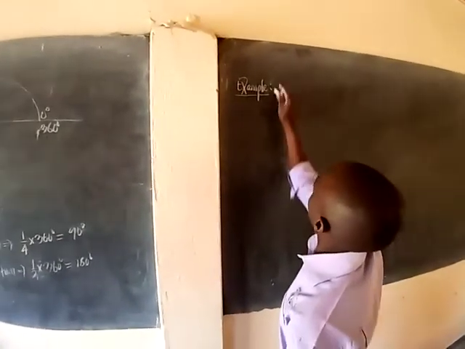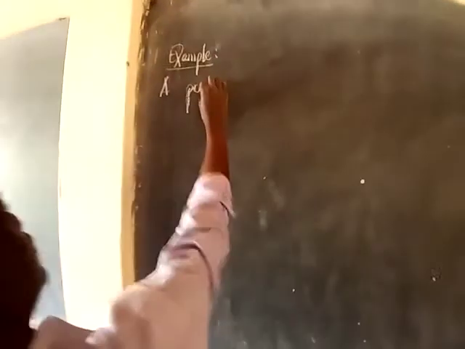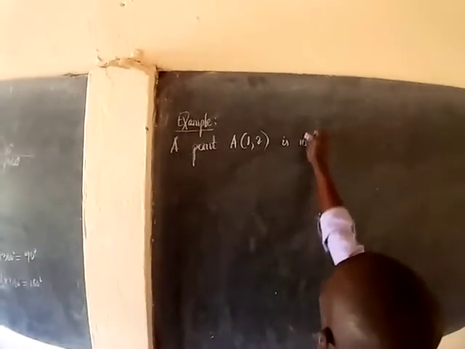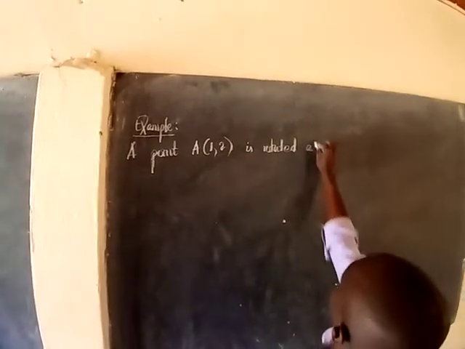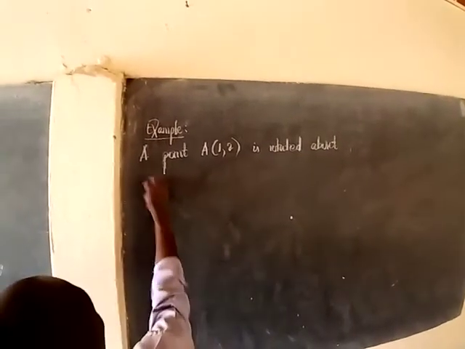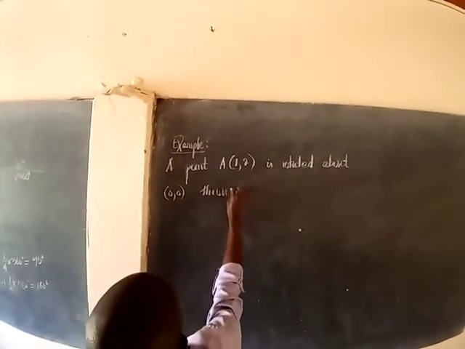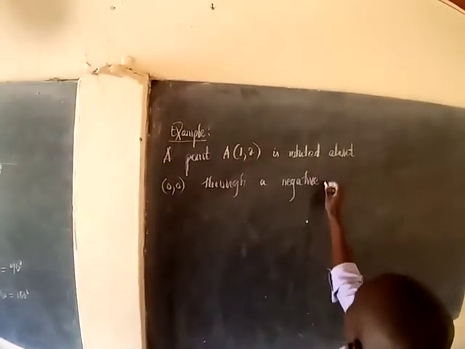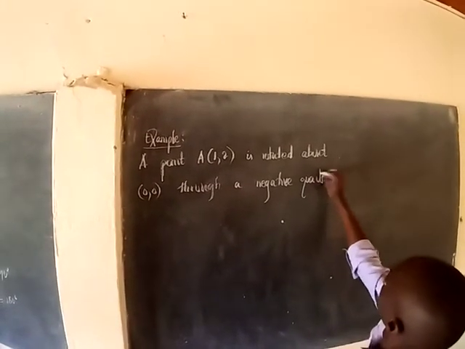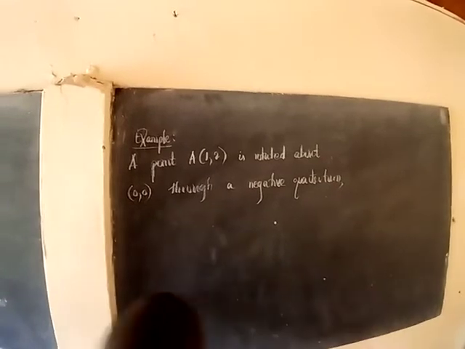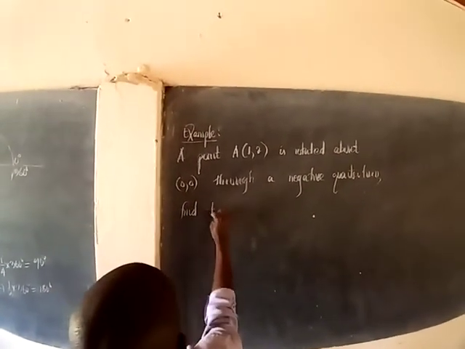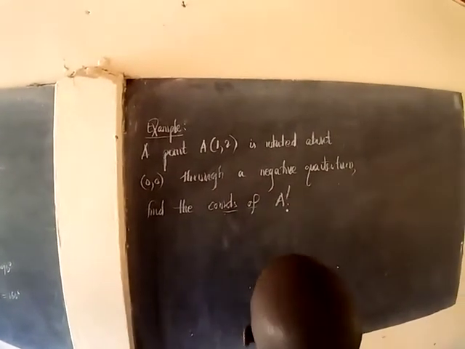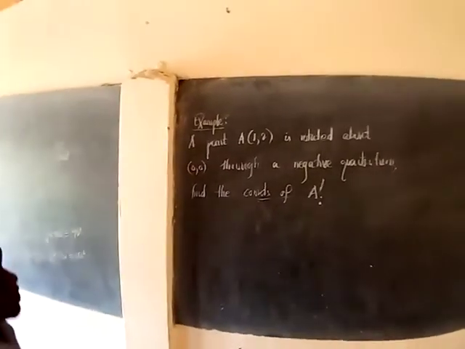Example: a point A of coordinates 1, 2 is rotated about 0, 0 through a negative quarter turn. Find the coordinates of A prime.